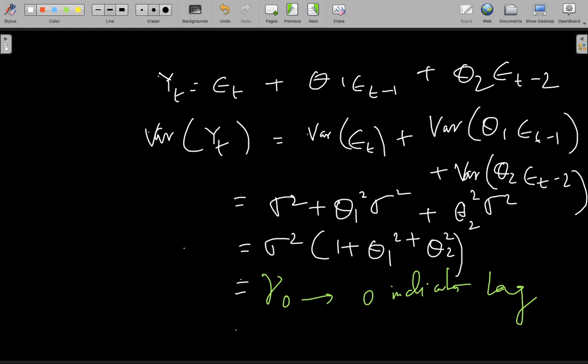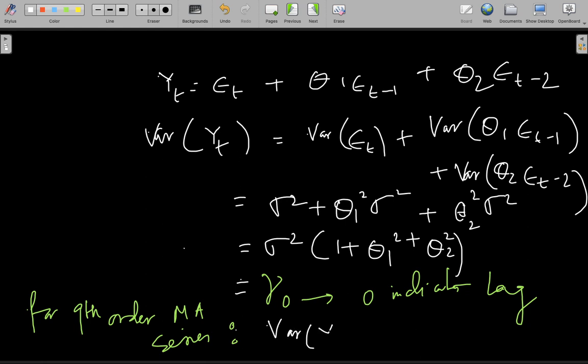For a qth order MA series, var Y_t is going to be, very simply, you add all these terms: sigma square times 1 plus theta_1 square plus theta_2 square, and so on up to the qth term, theta_q square. So that's about the mean and variance of MA series of higher order.